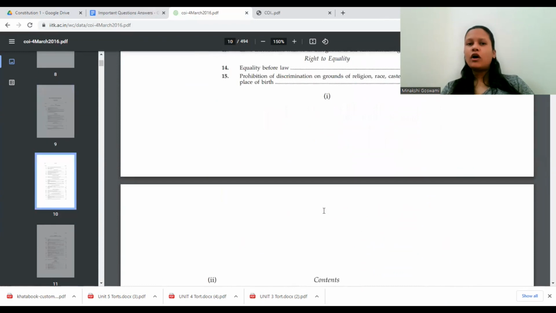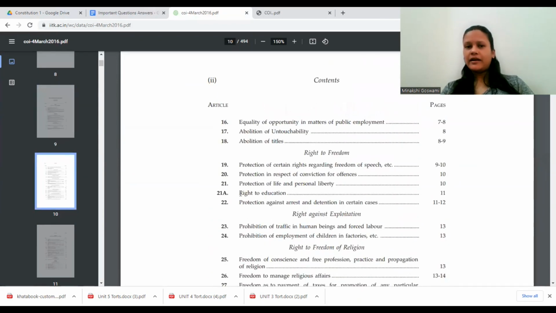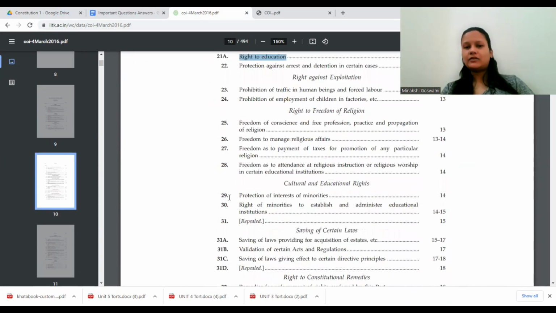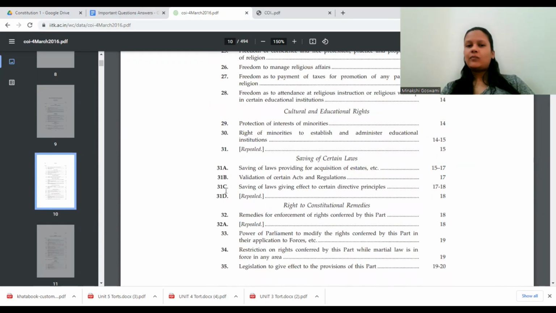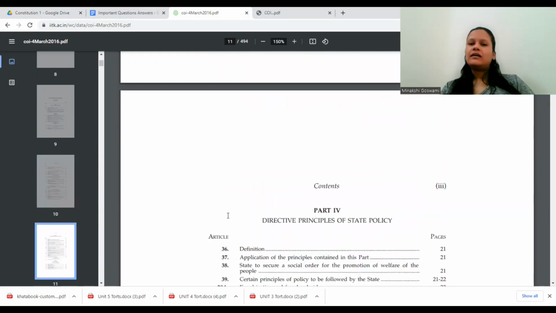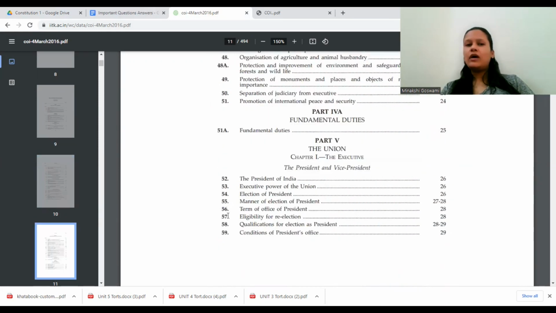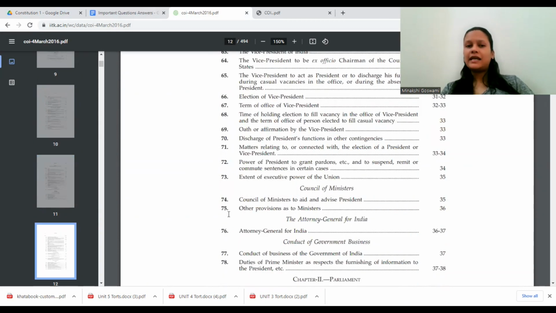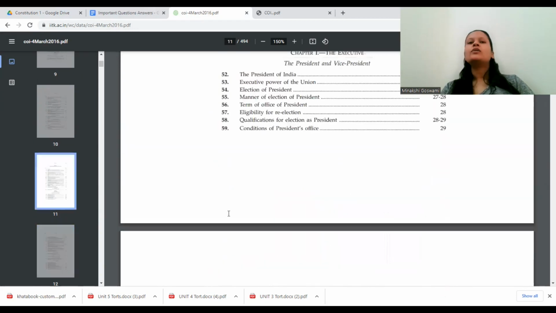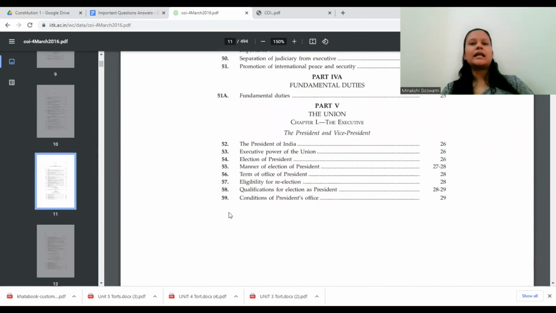So if you talk about fundamental rights, say right to education was added at a later point. So it is added as Article 21A. So wherever you feel like you can add it after that article, just you can add A, B, C, like that. You can keep on adding. Like A, B, C, D, you can keep adding, there is no harm in it. Okay, so when we take all of these as an example, we have total that many articles.